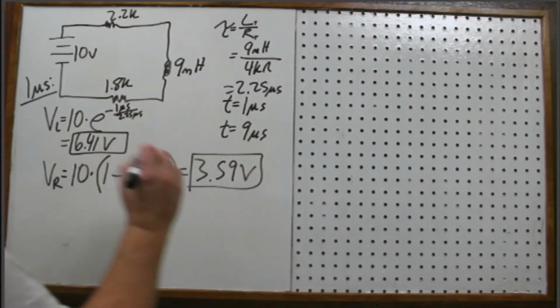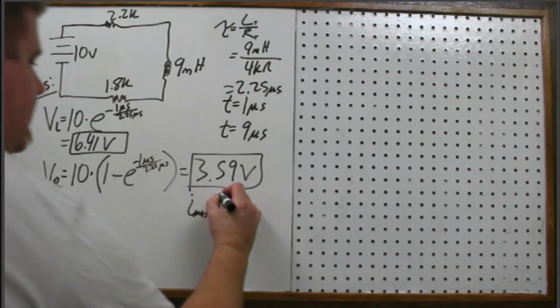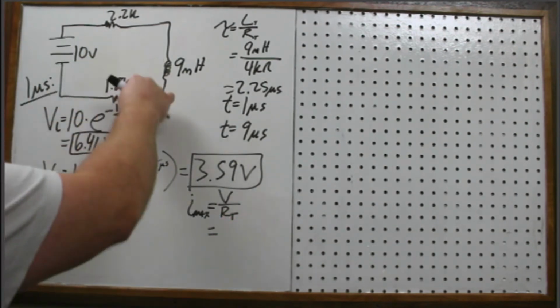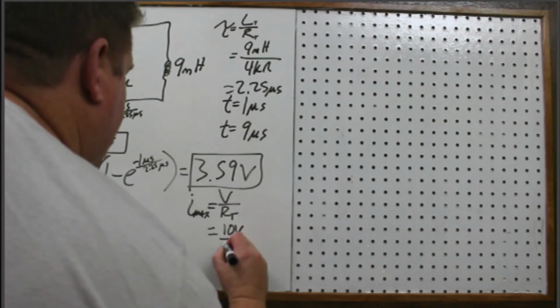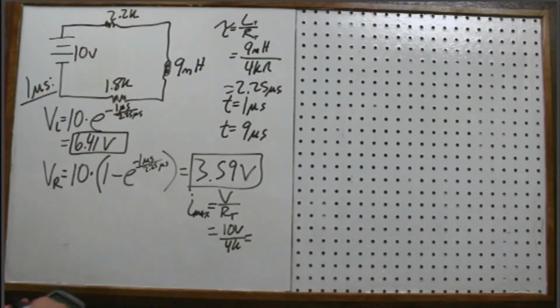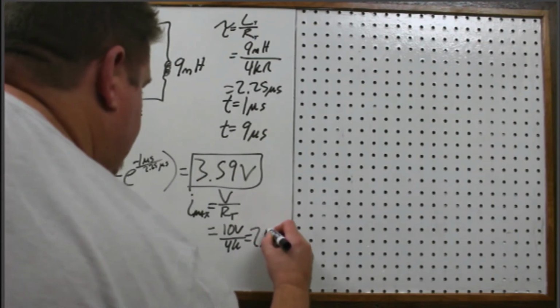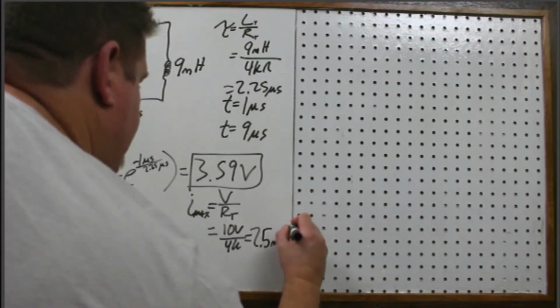And so for our I max, again this is V over the total resistance. We have a total of 4K here, so that's 10 volts divided by 4K, and that's 2.5 milliamps.